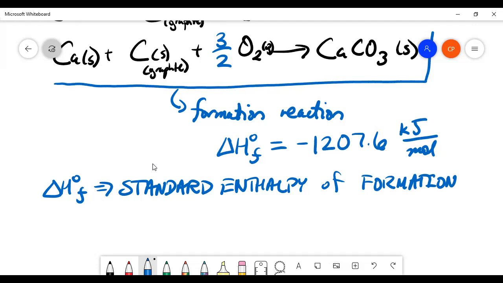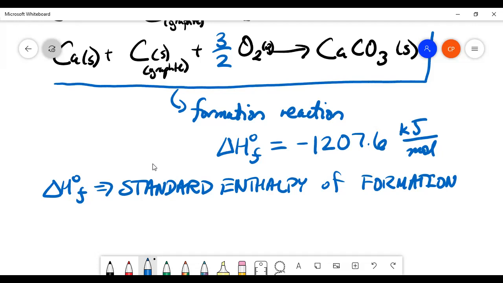Standard enthalpies of formation are enthalpies representing the difference between the reactants and the products of a formation reaction. A reaction where the reactants are elements in their standard state, and the product is some compound whose value is tabulated.